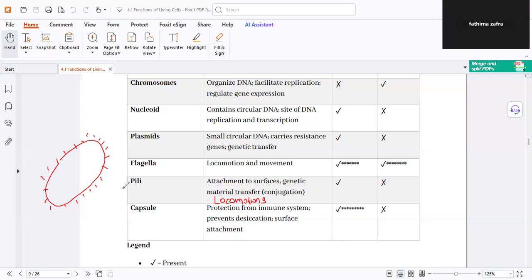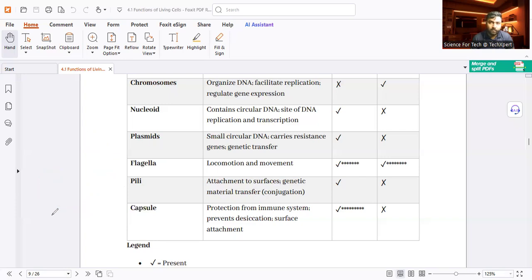There is something called capsule: protection from immune system and prevent desiccation, surface attachment. So we can use this word capsule for that one.